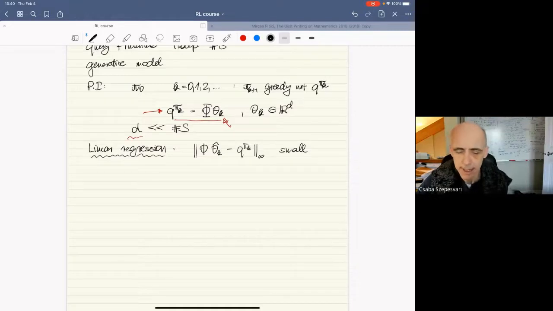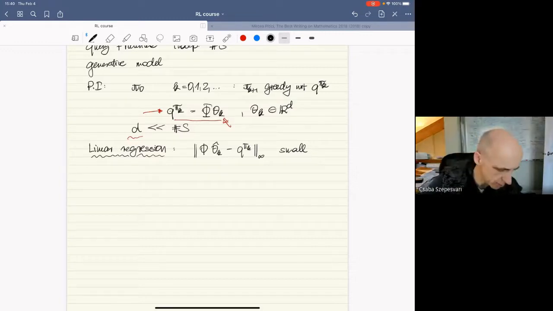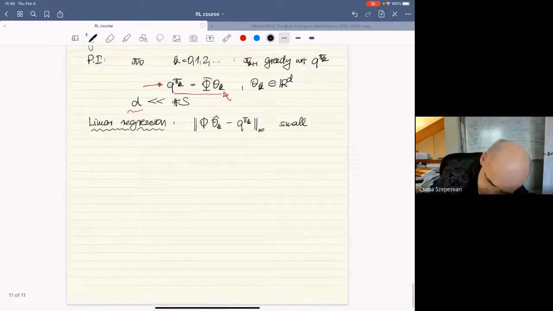If we are not able to guarantee this, then things usually don't work out. So at least we set out to try to achieve this goal, and we should check whether this is possible to achieve.